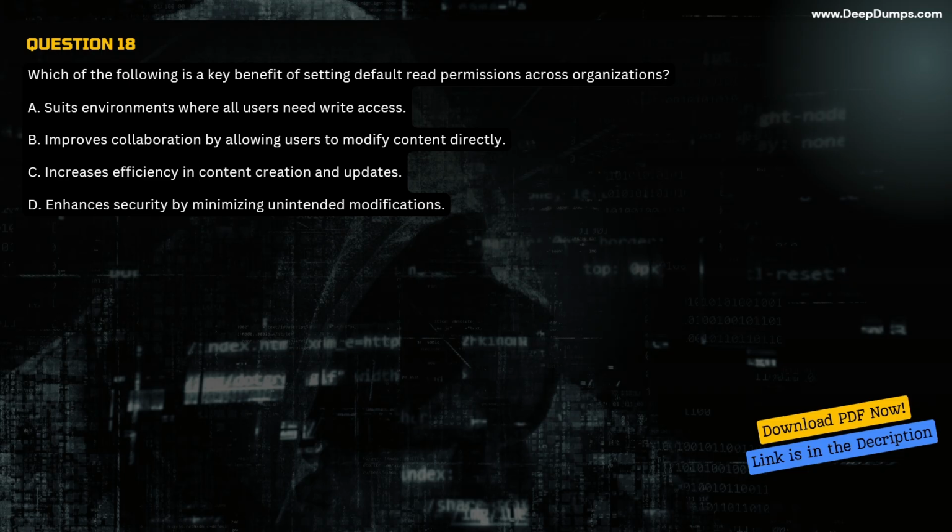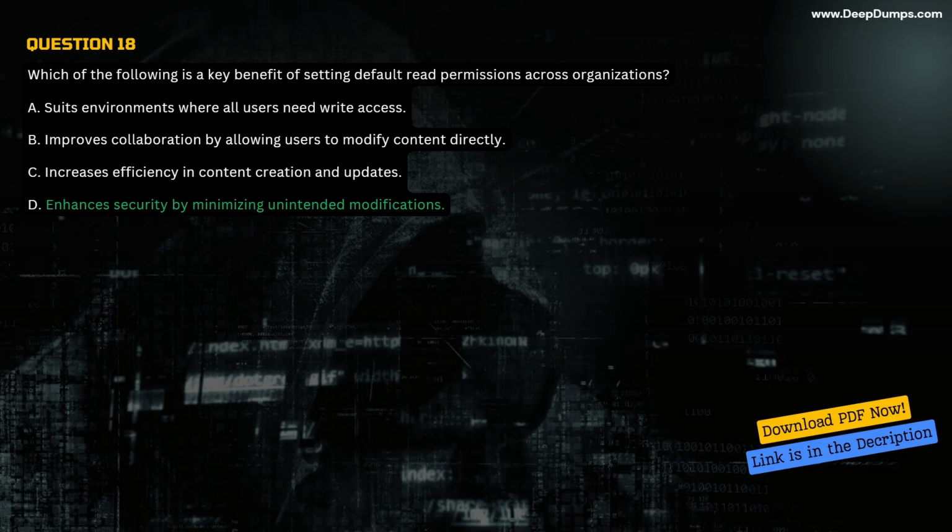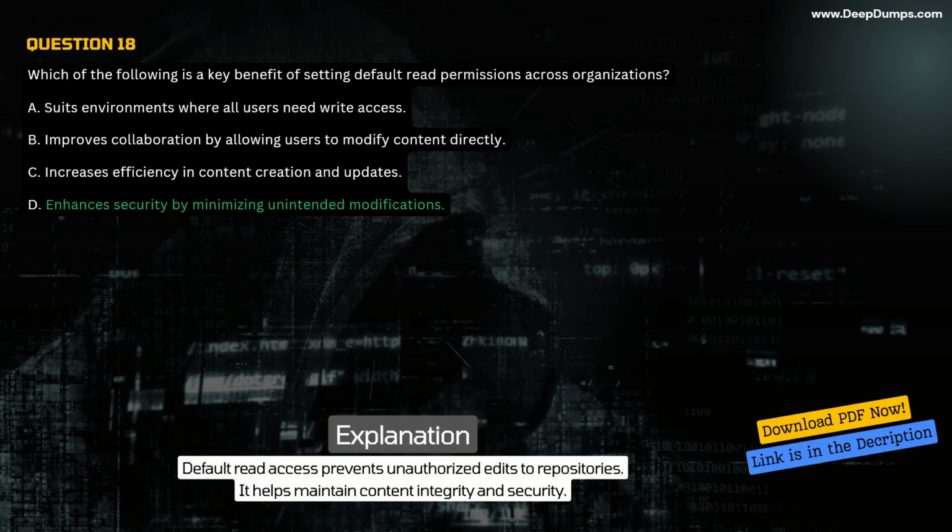D. Enhances security by minimizing unintended modifications. Correct answer, D. Enhances security by minimizing unintended modifications. Explanation. Default read access prevents unauthorized edits to repositories. It helps maintain content integrity and security.